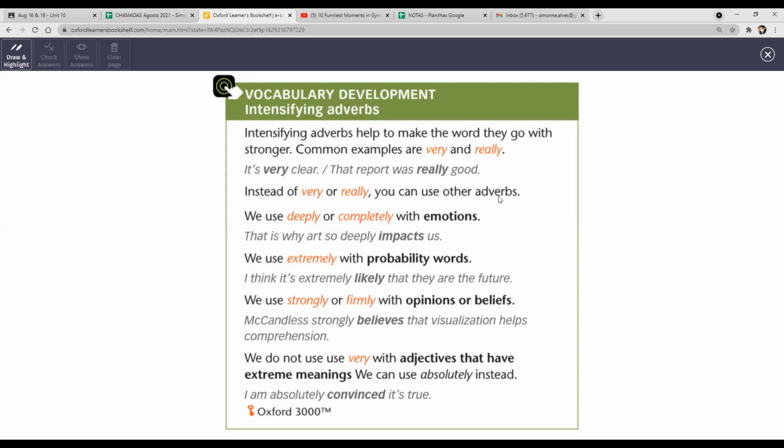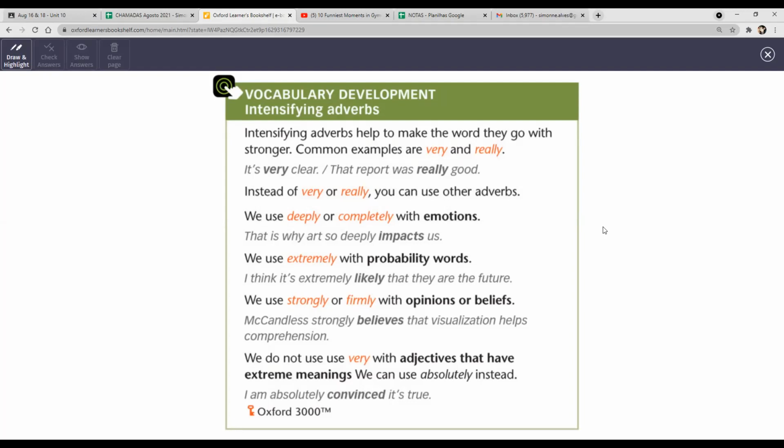We know that we have some adjectives that are called gradable and some adjectives that are called ungradable. Have you ever heard of this before? Yes, we need to be careful not to use very with ungradable adjectives.